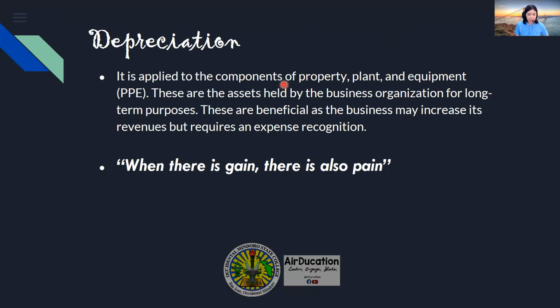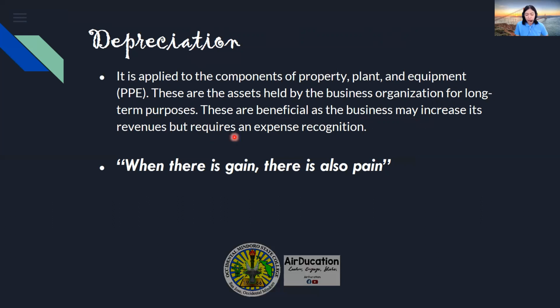Those properties, plant and equipment change in value from time to time. Meaning, the value of that particular asset when you acquired it is no longer the same after a period of time. These are the assets held by the business organization for long-term purposes, and these are beneficial as the business may increase its revenue, but they require an expense recognition.